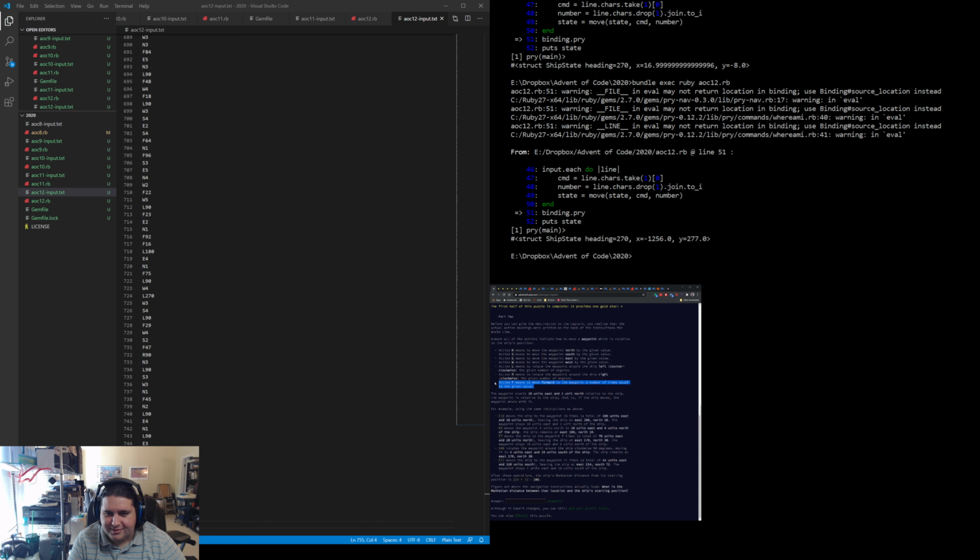Okay. Whoa, alright. N3 moves the waypoint 3 units north. The ship doesn't move. All of these move a waypoint. This rotates the waypoint around the ship the given number of degrees. And this moves forward to the waypoint a given number of times.